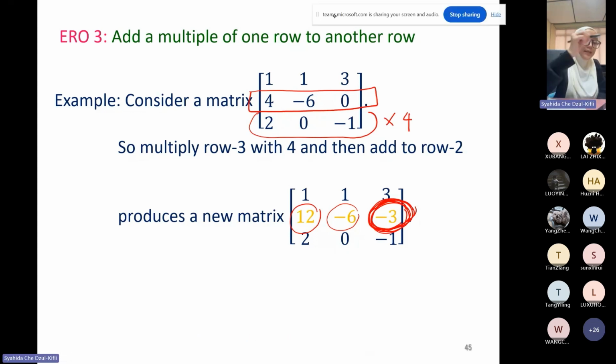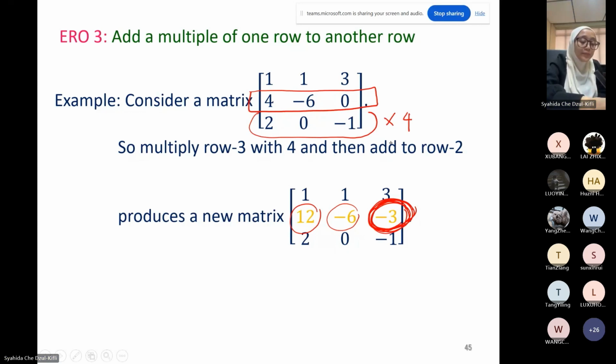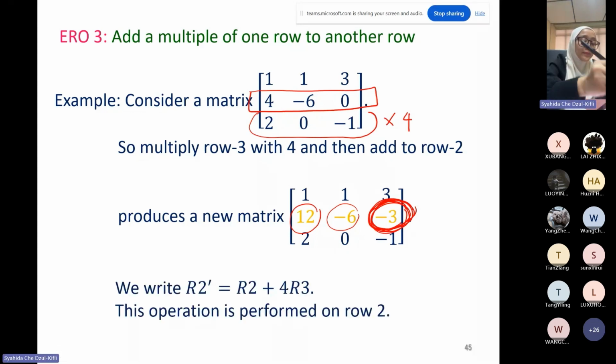Okay. It's 4 times minus 1, we get minus 4, and then add to 0. Then it is going to be minus 4, not minus 3.